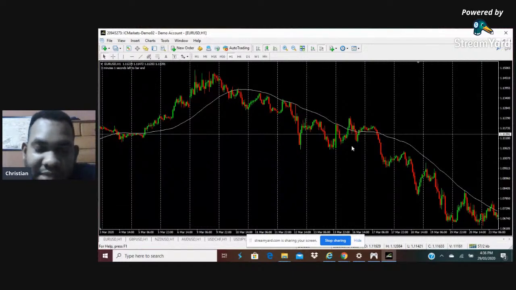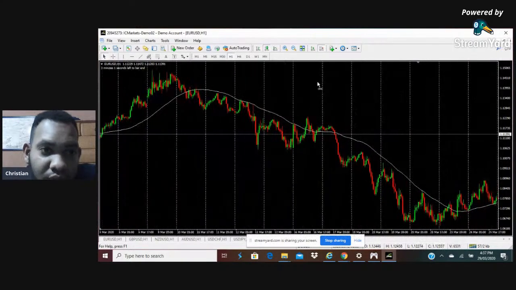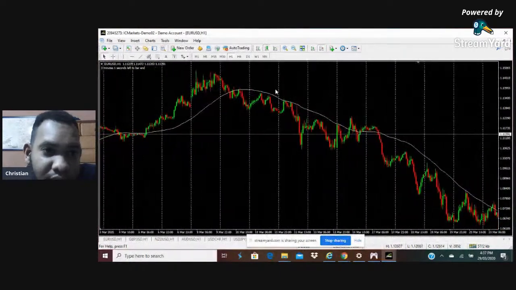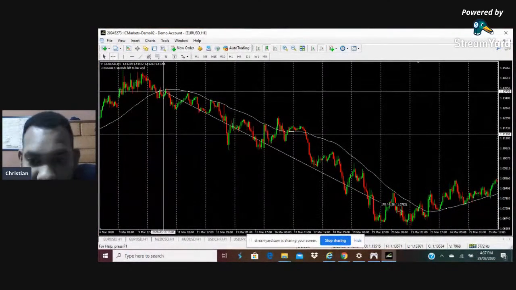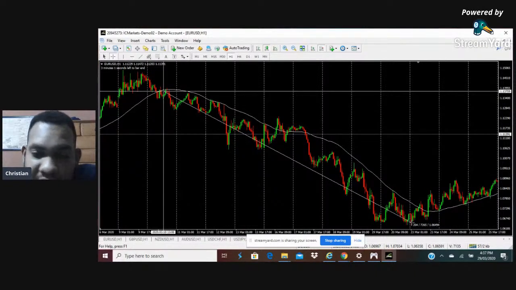So, once the candlestick crosses the 50 moving average, you could have ridden that thing all the way down to around here, and you would have gotten about 720 pips, right? 720 pips.